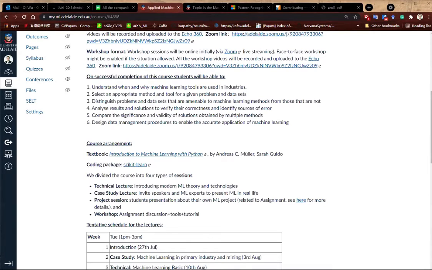Others are from different organizations or companies. For example, a case study is about machine learning in primary industry and mining. So we invited Asan, a postdoc researcher from the Australian Institute for Machine Learning. He will come to introduce how they use machine learning algorithms to improve the efficiency for the primary industry and mining.